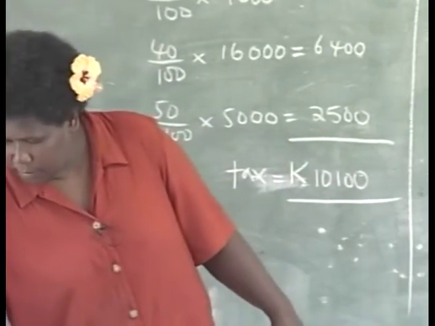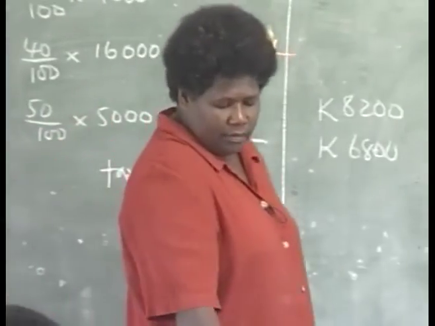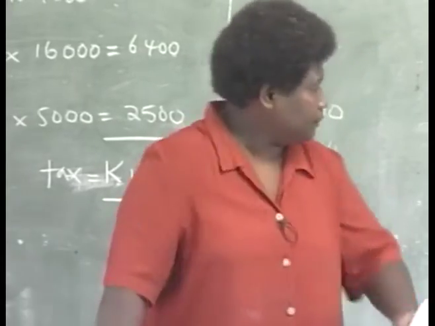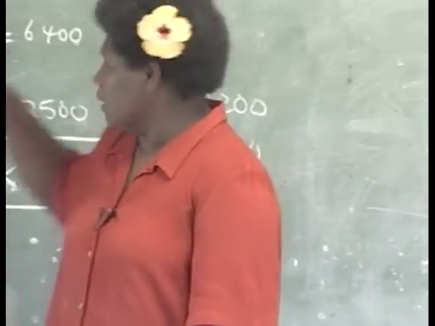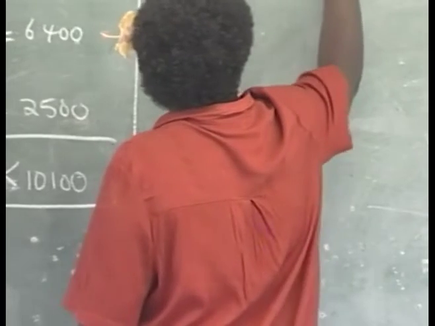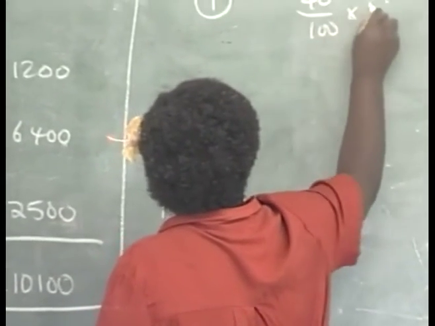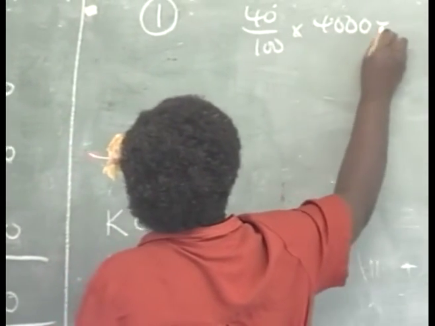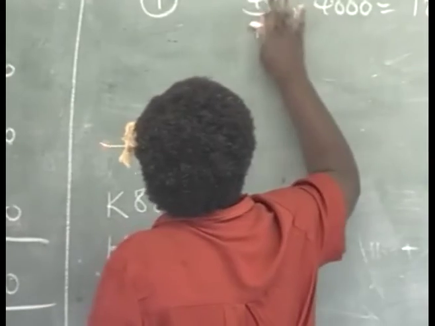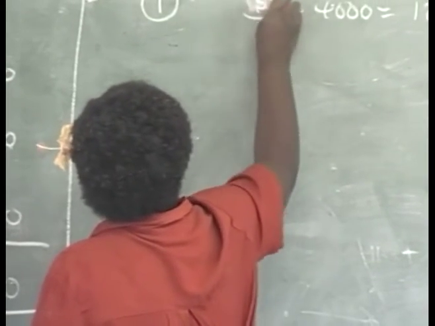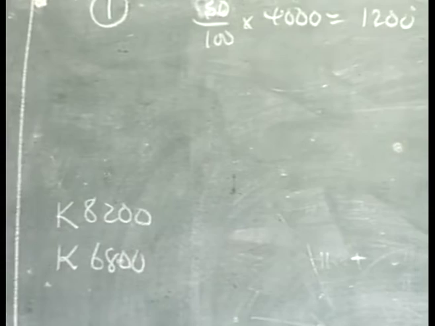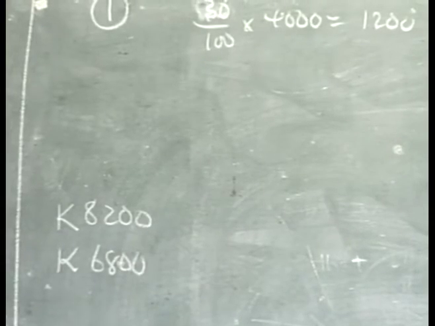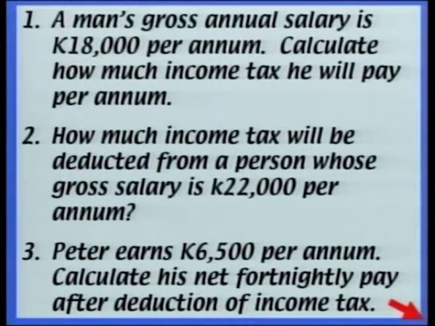Let's just go back and look at the rates again. 30% of the first 4,000, which is 1,200. This person earns 18,000 kina in question 1. How much money is left?